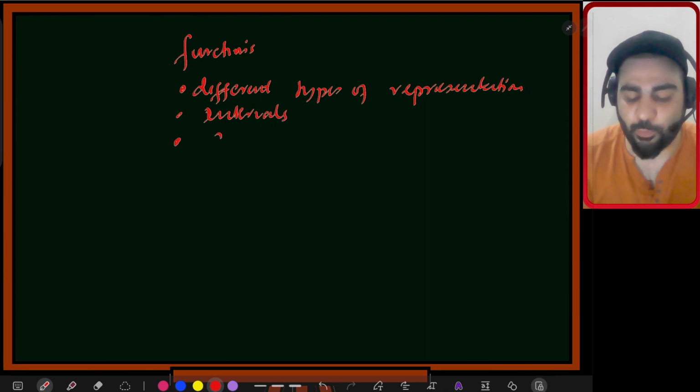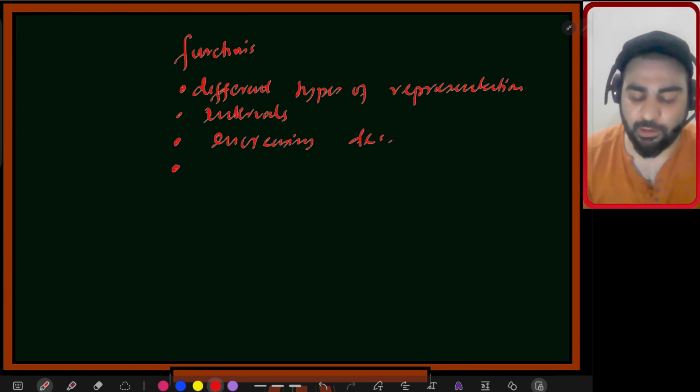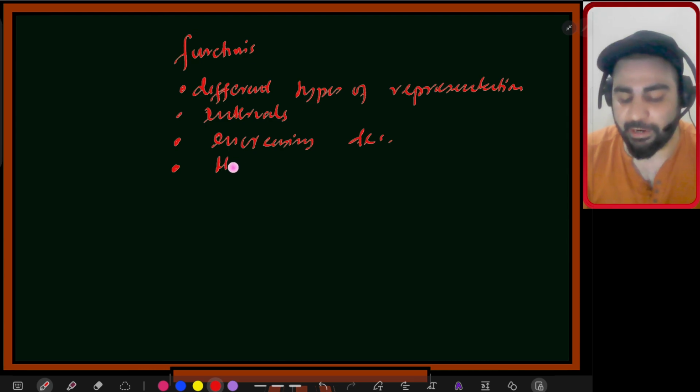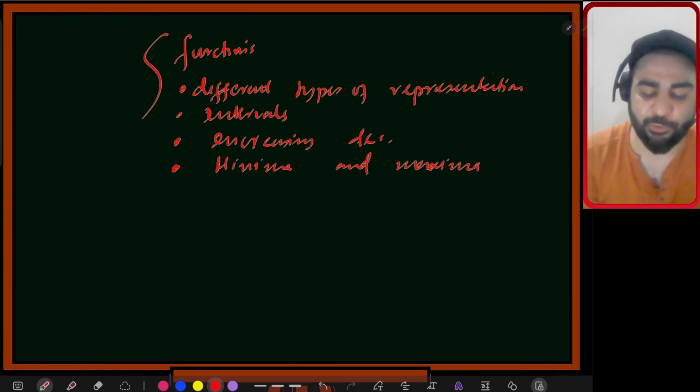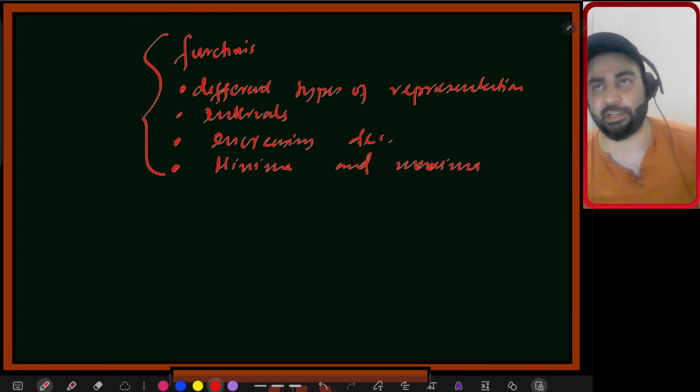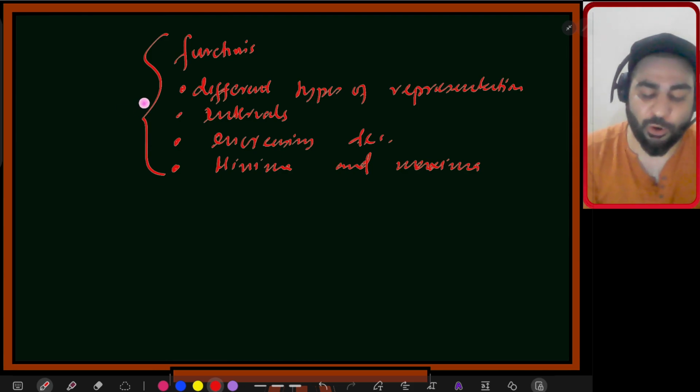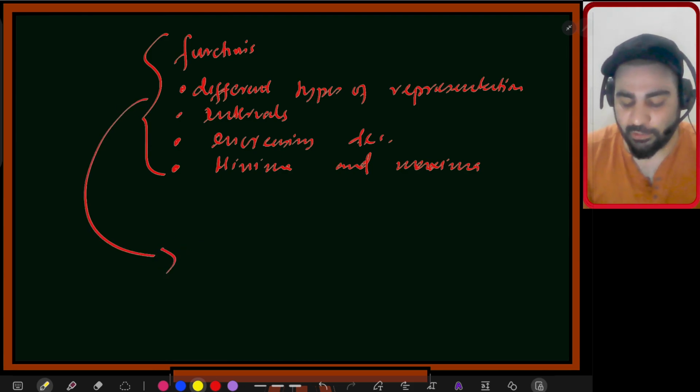Then we saw what an increasing function and a decreasing function are. And after that, we saw what minima and maxima mean. These lectures are basically intuitive, so you have to develop the intuition here. Once you develop the intuition, then we'll get into the mathematical details.